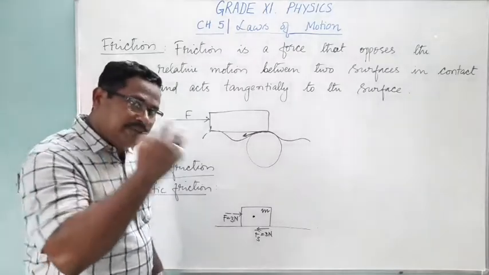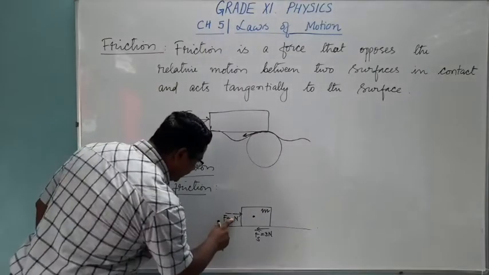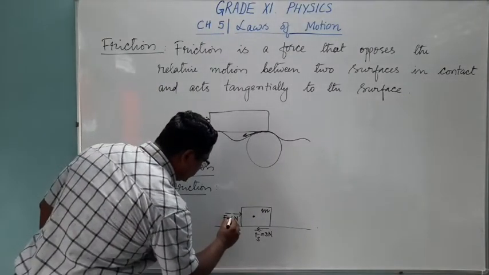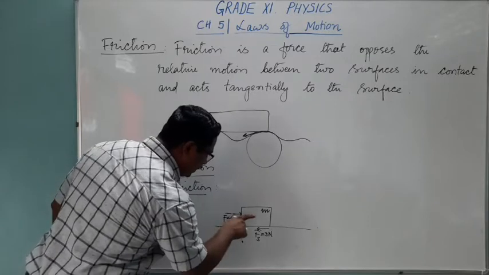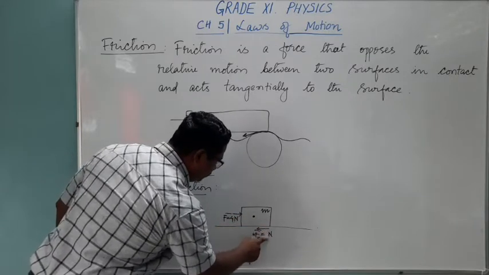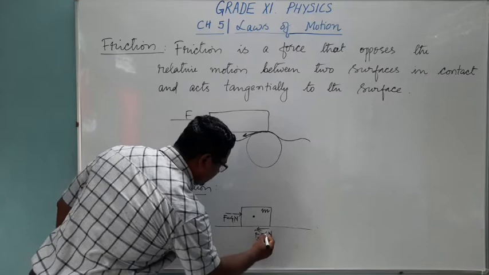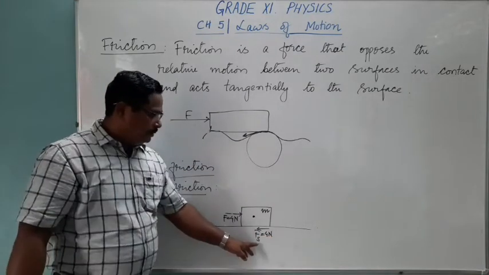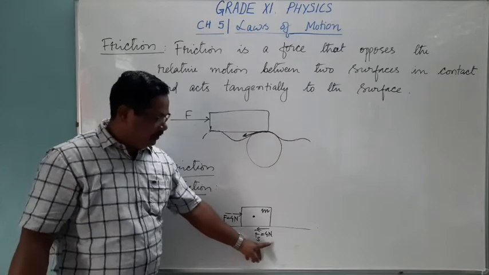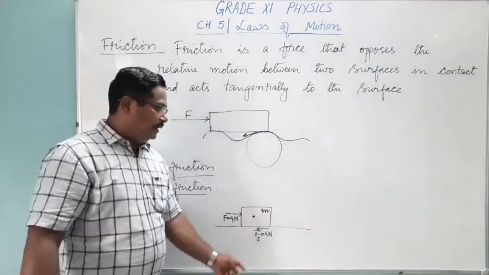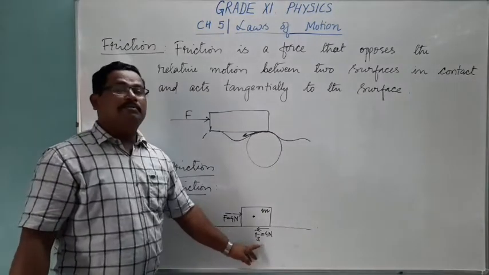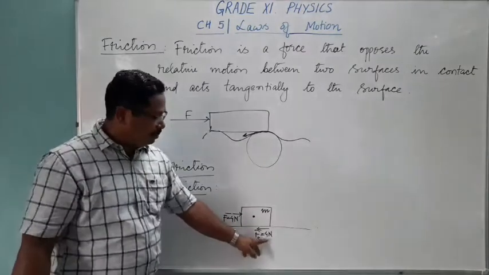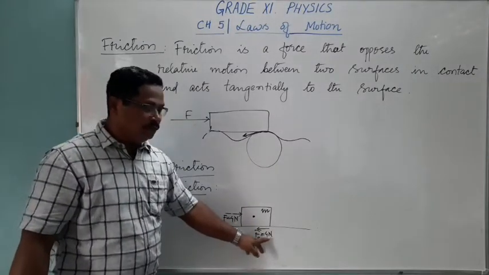Suppose I am going to increase the force. At 4 Newton of force, the body is about to move or start sliding. Then at that time, the force of static friction also will be 4 Newton, and at that stage we say it is the maximum static friction. The static friction started from 1 Newton, 2 Newton, 3 Newton, now became 4 Newton.